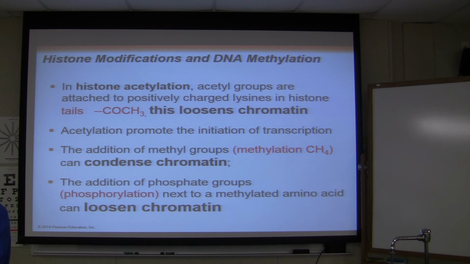So an acetyl group will loosen it up, and a methyl group will condense it. So when it is condensed, there is no expression. When it is loosened up, there is expression of the genes. The addition of a phosphate group, phosphorylation, next to a methylated amino acid can loosen up chromatin. That's another one.